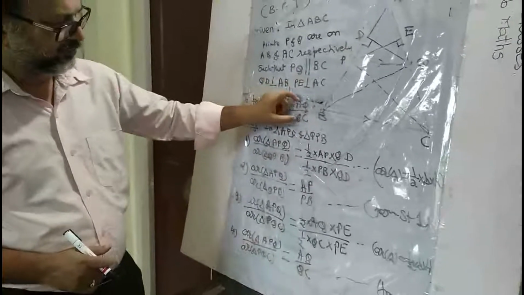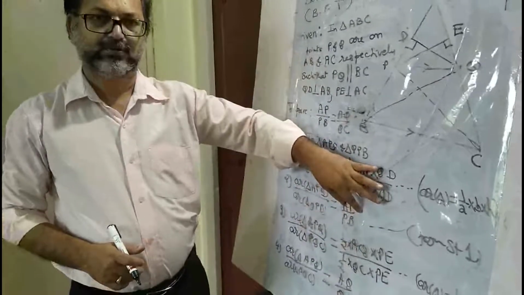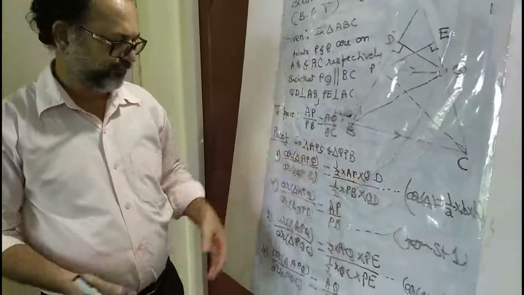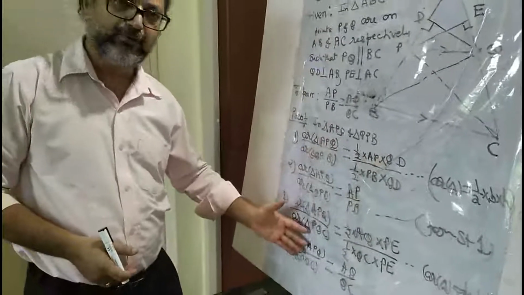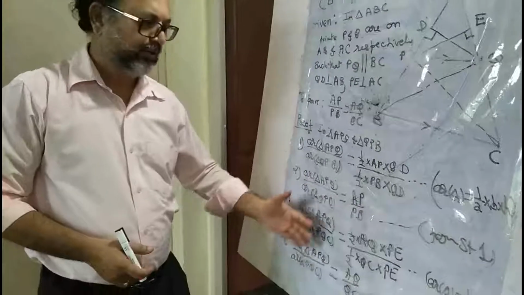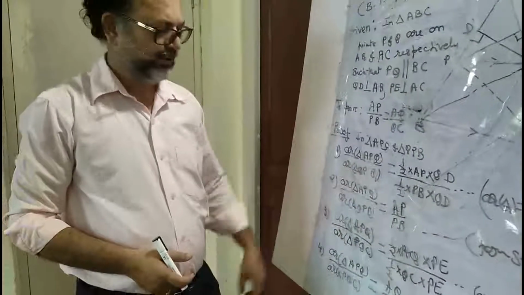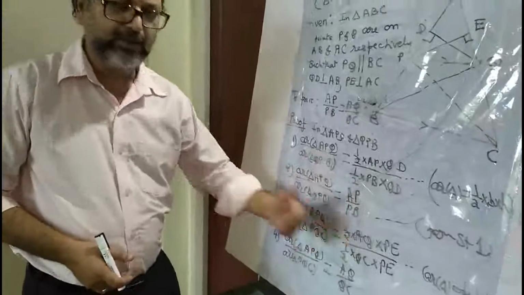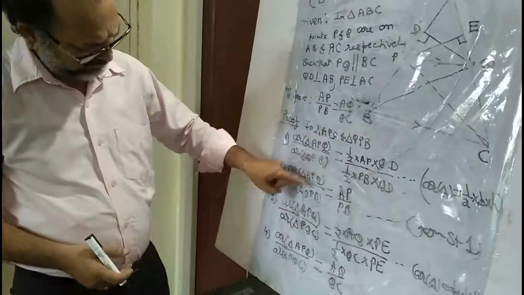See, in order to show these two equal, we have to show these two equal. If we can show these as equal, then this right hand side will also be equal. If left hand sides are equal, right hand sides are equal. In this left hand side, you can easily see that the numerator is the same.